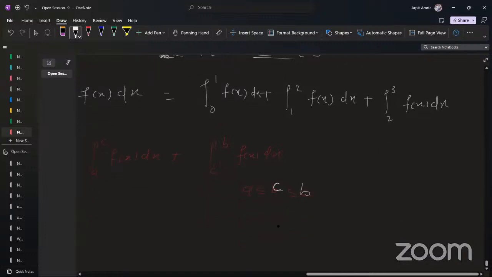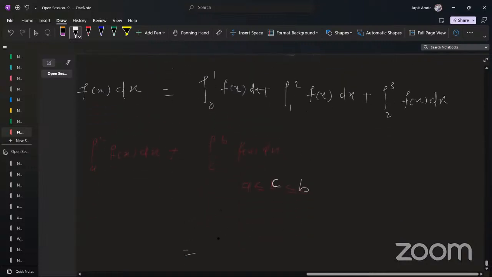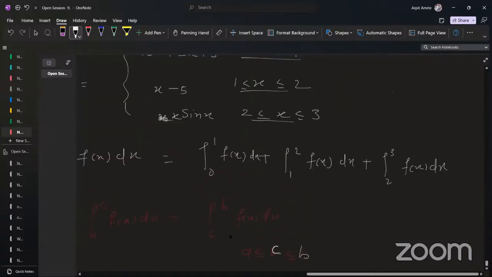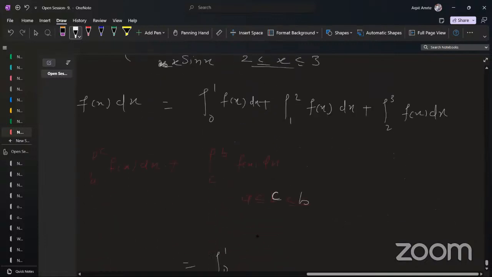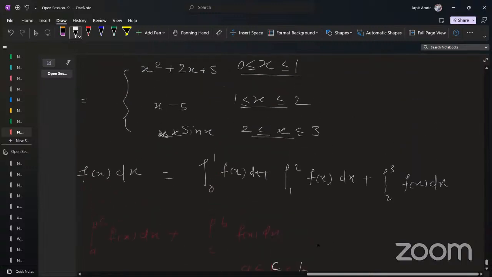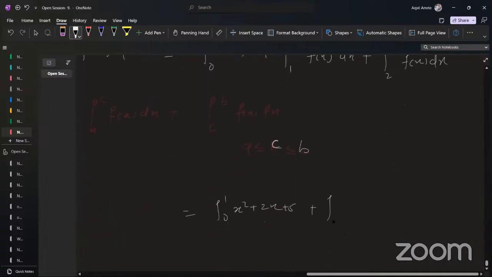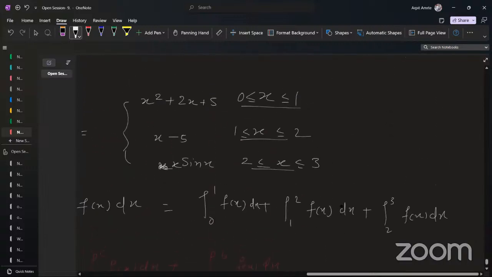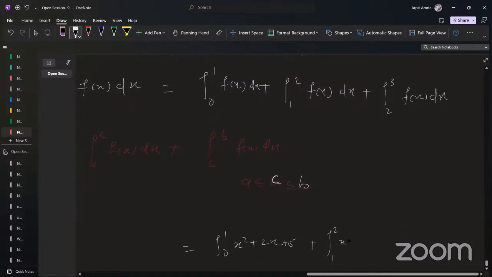Then further, at 0 to 1, what is the definition of my function? x square plus 2x plus 5. Then plus, at 1 to 2, what is my function? f(x) is x minus 5, dx. Don't forget to write dx.